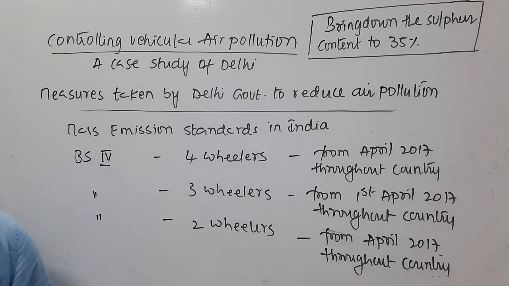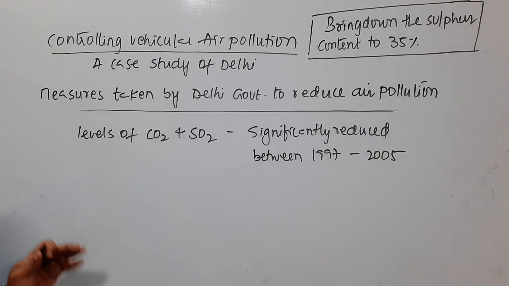And now anyway, with all these emission standards and switching over to CNG, finally the Delhi government succeeded in reducing the air pollution, and it significantly reduced air pollution and increased the quality of air, okay, between 1997 and 2005, right. So that's what I mentioned here.